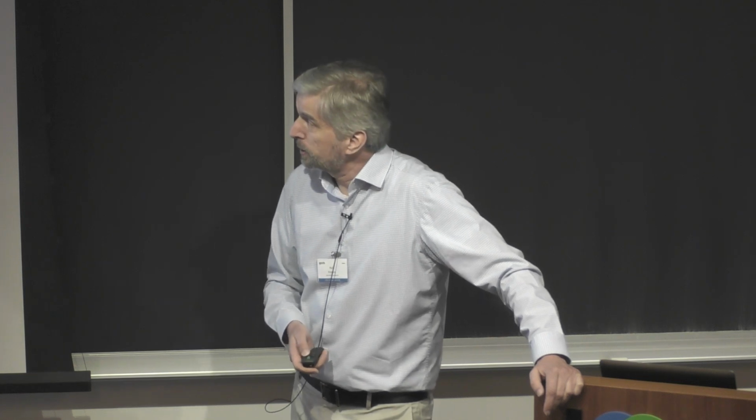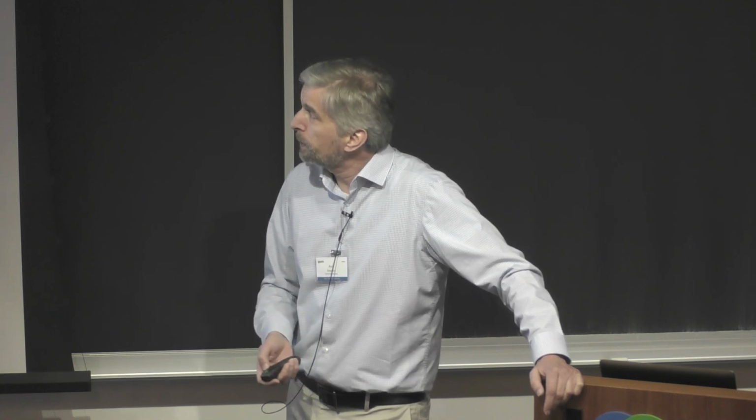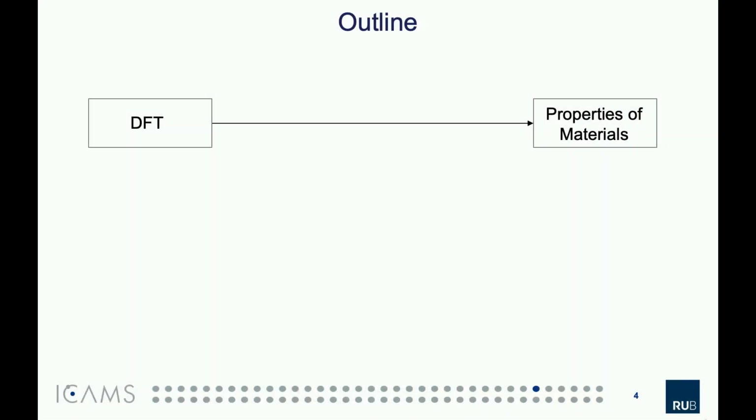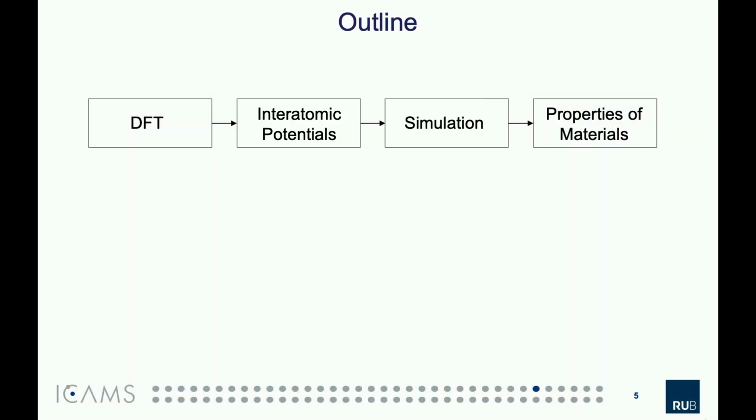Therefore, the typical approach to go from density functional theory to the prediction of, let's say, a phase diagram, is to use some intermediate models, in particular interatomic potentials, and then you do molecular dynamics or Monte Carlo simulation to go to properties of materials.